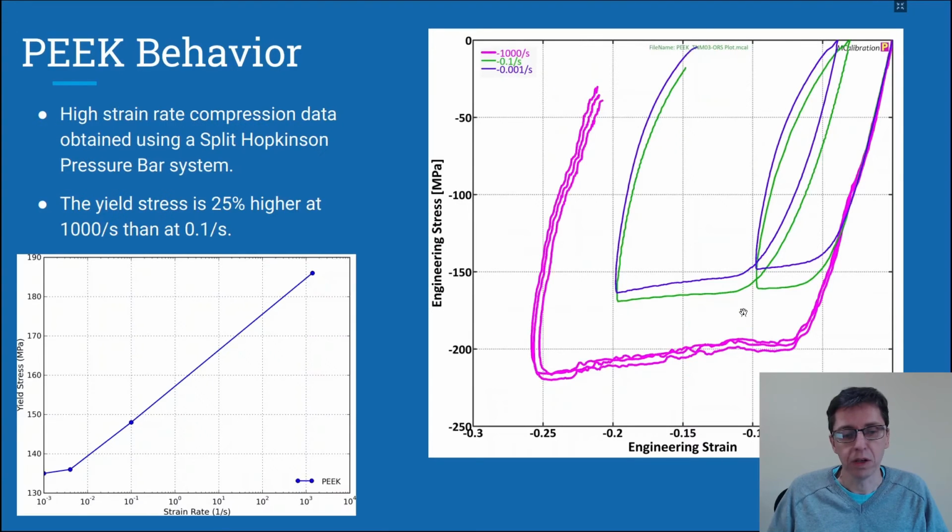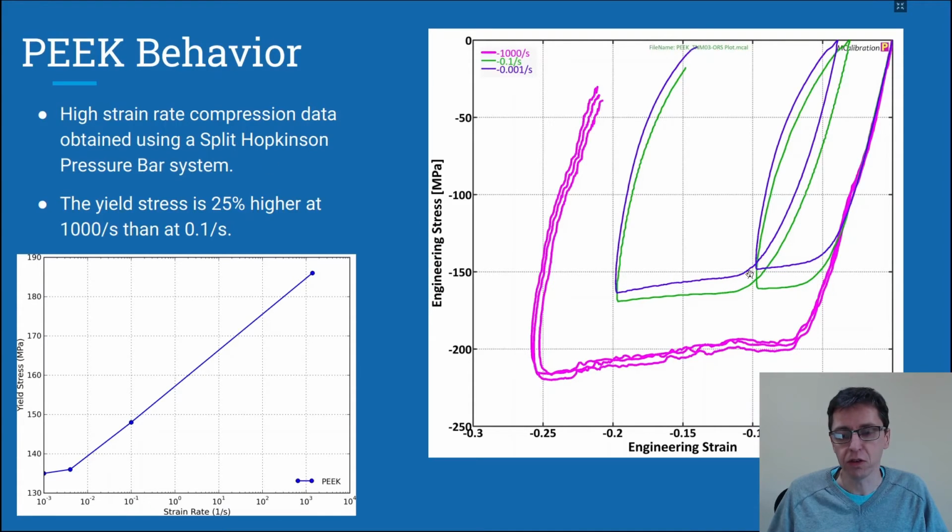So I went ahead and we did some experiments, and we determined that the properties, the yield stress specifically, is pretty strongly sensitive to the deformation rate, the strain rate that's applied. So this figure shows the two curves from the previous page, and also data from a really high impact test that was performed on a split Hopkinson pressure bar system.